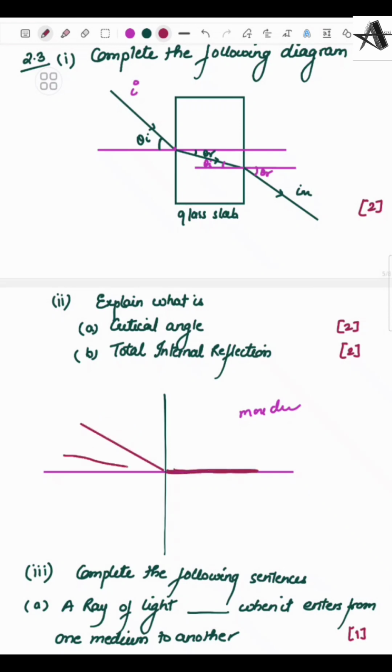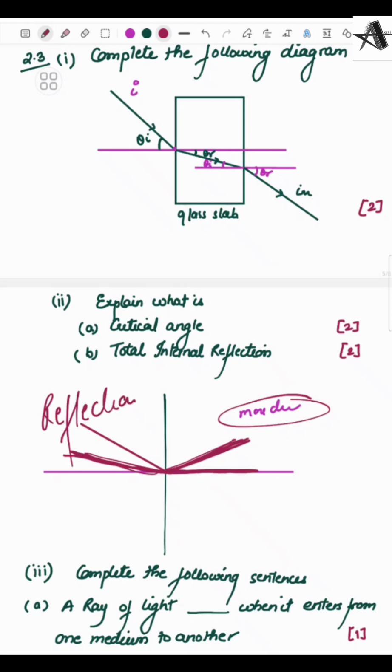If you have increased the angle more, this ray will be in the same medium, right? It was our initial medium, that is the more dense medium. It will come back to its initial medium, and now it's no more refraction. I'm talking about reflection, which is when light bounces back in the same medium, and this phenomenon is called total internal reflection.